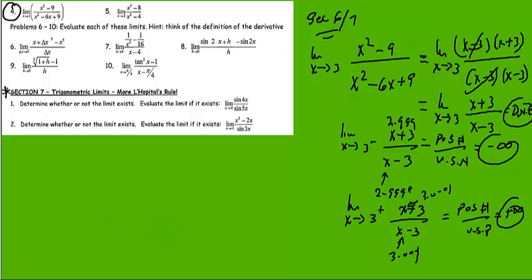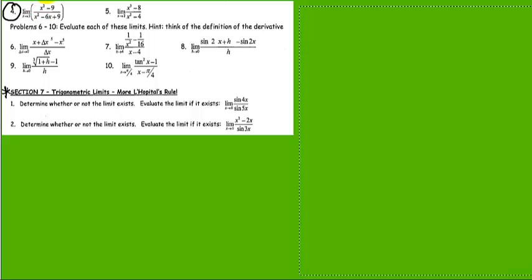Alright, so here's L'Hopital's rule. Now I'm going to teach you L'Hopital's rule. Instead of doing all that algebra work, we can also use derivatives to find limits. First of all, you've got to remember a couple of the rules.